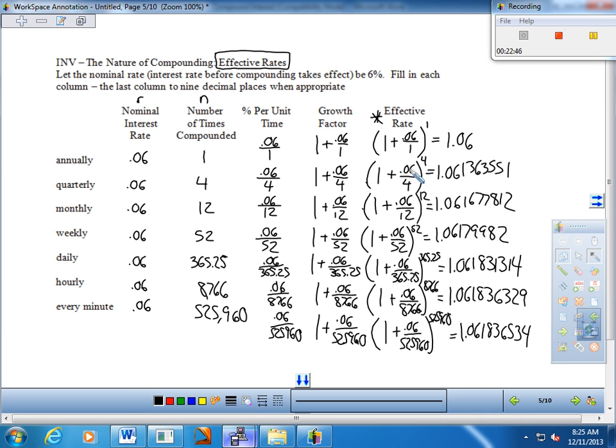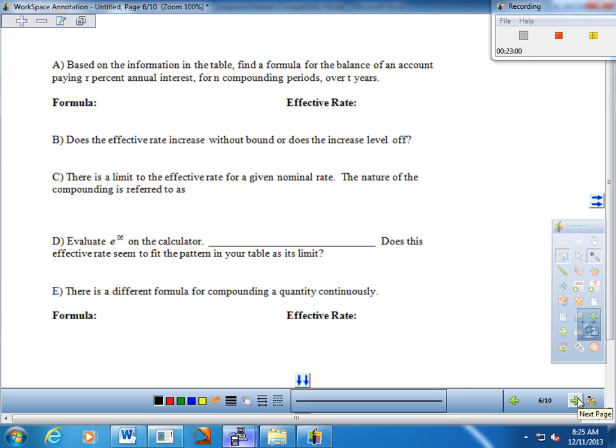And I hope you noticed in each case, that's our R on top of the fraction, and that's our N on the bottom of the fraction and the exponent. So take a look, and if you need to look at this in a little more detail, please do so. But the effective rate essentially is this right here. That is how we measure the true growth rate over the course of a year based on how it's compounded. 1 plus R over N to the N.